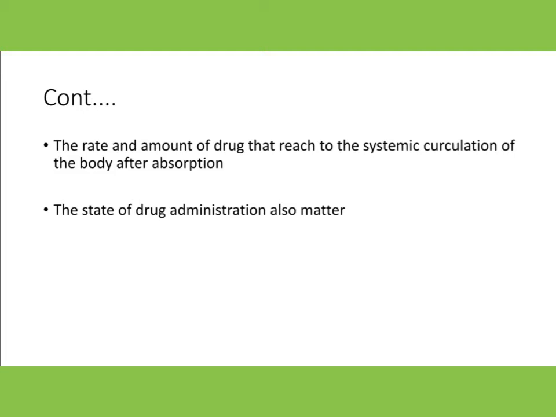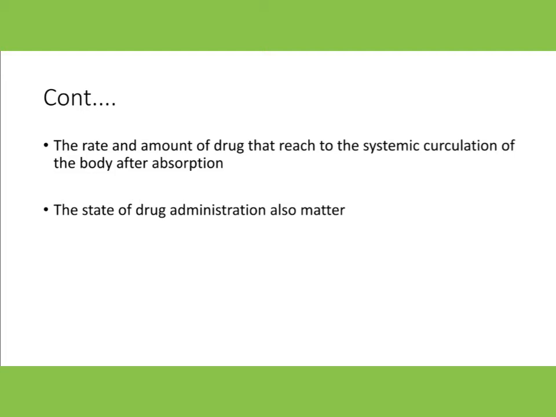If the drug is administered intravenously, it reaches the systemic circulation directly. If it is administered through any other route, it will not produce 100% bioavailability, meaning a lesser amount will reach.